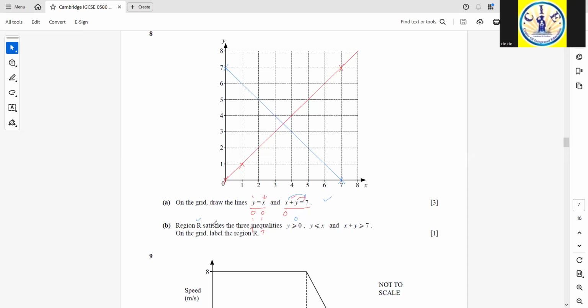Okay, region R satisfies the three inequalities: y greater than or equal to 0, y less than or equal to x, and x plus y greater than or equal to 7. On the grid, label the region R. Let me show you. For y greater than or equal to 0, the region has to be above the x-axis.